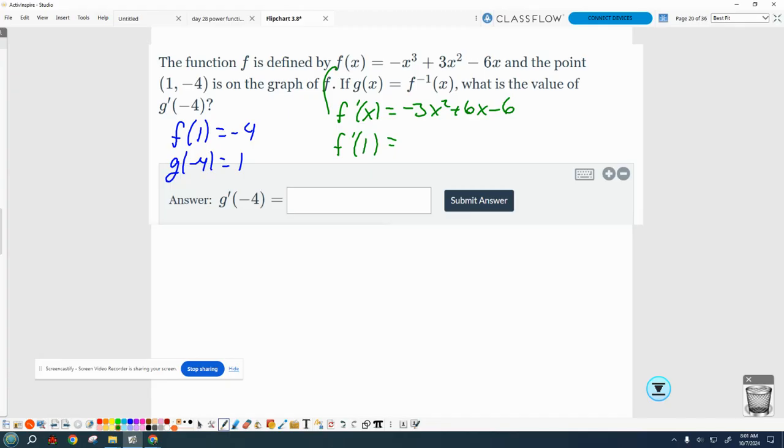And what is the slope at 1? So what is the slope, Stella, of my inverse at -4, which seems to have nothing to do with x equals 1?